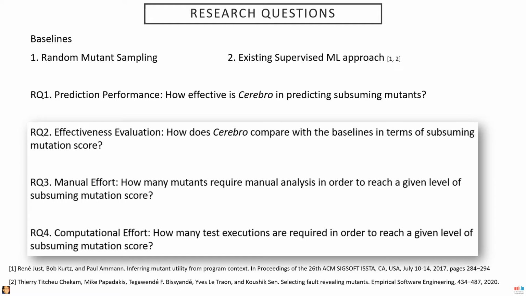We also evaluated Cerebro by replicating a real-life scenario where a tester analyzes the predicted mutants in order to generate the tests. This process is incremental, which means that the tester picks a mutant, analyzes it.